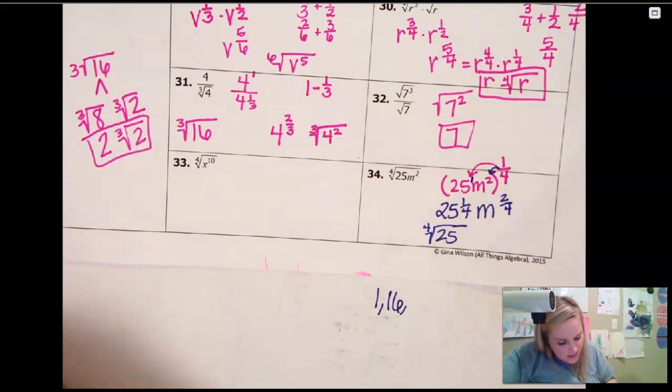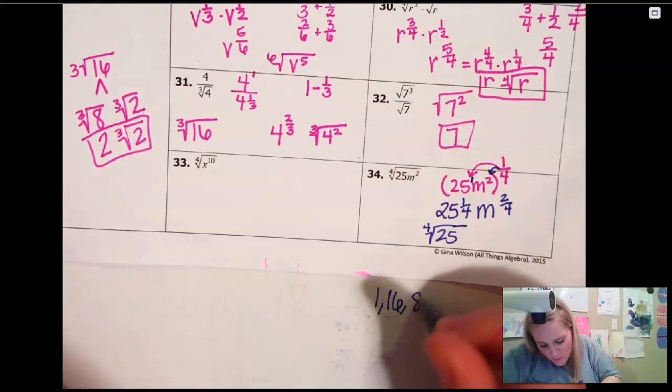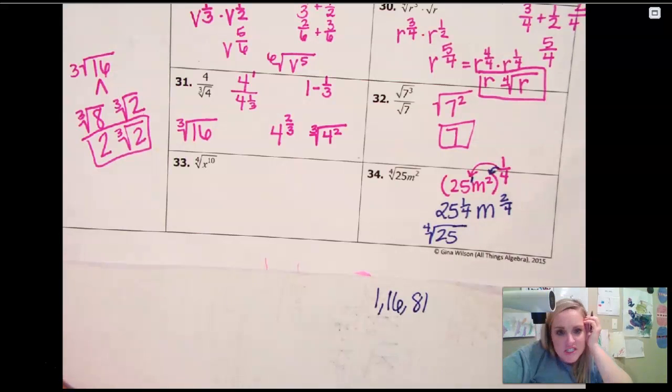Something big. 3 to the 4th, so 81. So that's why she did it that way, because I get stuck. There's nothing that I can do right here. I'm just stuck at this point. So she continues to simplify by taking that 25 and changing it to 5 to the 2nd power.